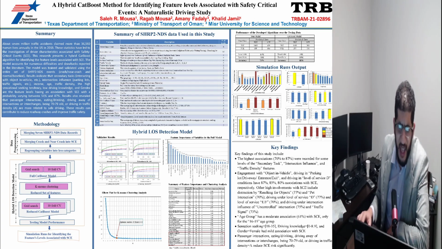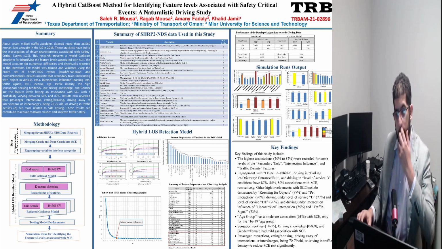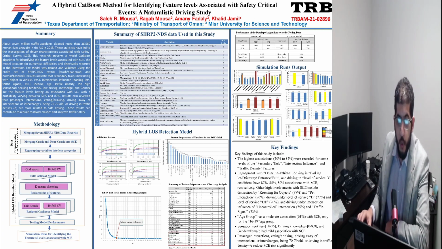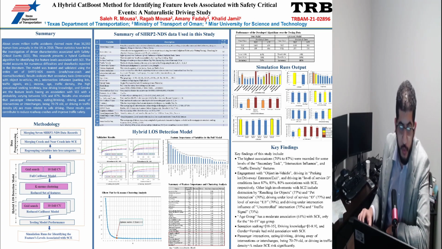For the age group, it had moderate association, 61, with safety critical event, only for the 16 to 19 age group. So the 16 to 19 age group were the most vulnerable age group among other age groups.